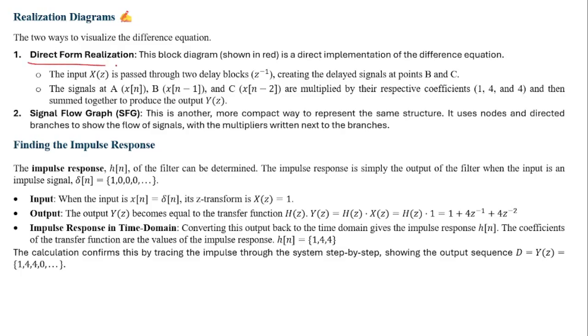First we went for the direct form realization, then we also went for the signal flow graph, which is another and compact way to represent the same structure, and it uses nodes and directed branches to show the flow of signal. Then we also found out the impulse response for that.